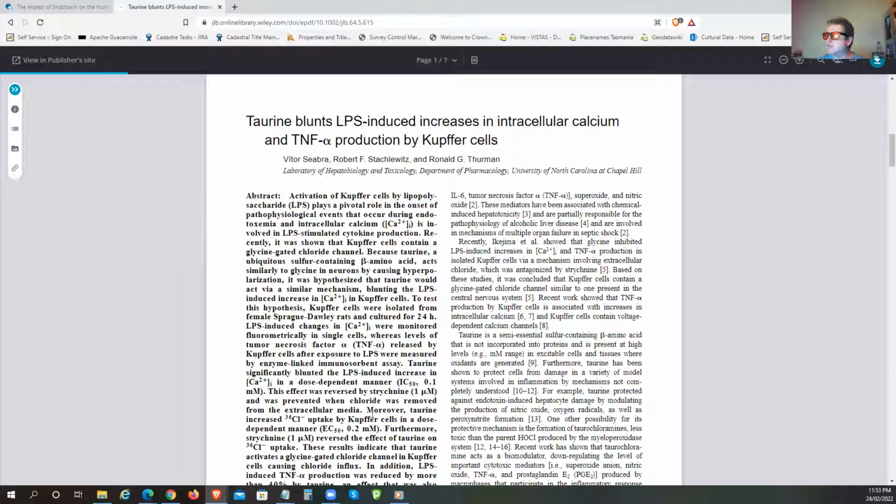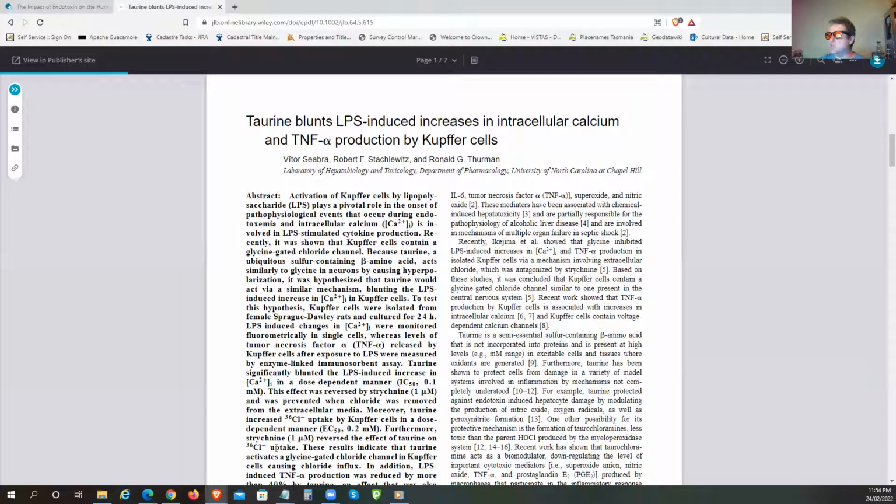I forget there's a well-known brand, but I just can't remember it. Moreover, taurine increases intracellular uptake of calcium in a dose-dependent manner. Furthermore, that substance can actually reverse the effects of taurine.